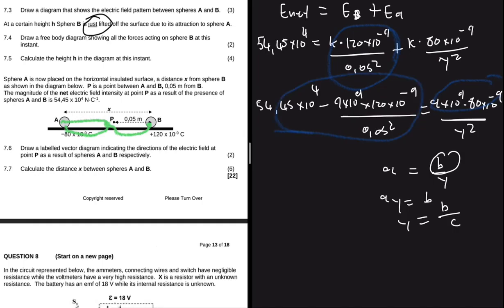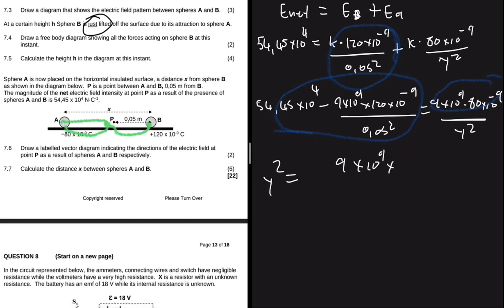So let's rearrange it so that we can find Y ultimately. So we're going to have Y squared is equal to 9 times 10 to the power of 9 multiplied by 80 times 10 to the minus 9 divided by this entire expression. So that's essentially what we're doing there.